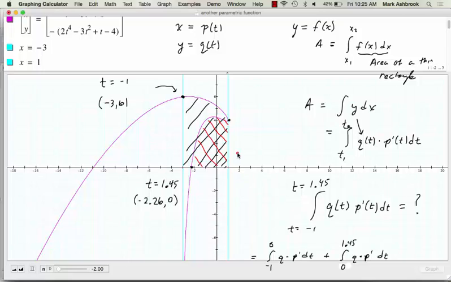So then what does the whole integral give? So we got all this area for the first part, and then we get the opposite of this area for that second part, 0 to 1.45. So can you see or describe what it's going to give? The inside of the graph. Yeah, so it's going to give what's all inside there to the left of that line at x equals -3.